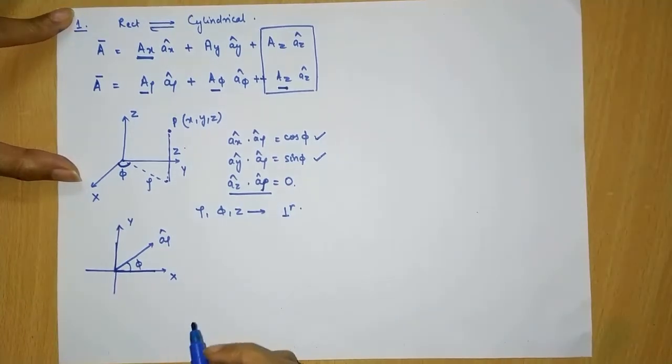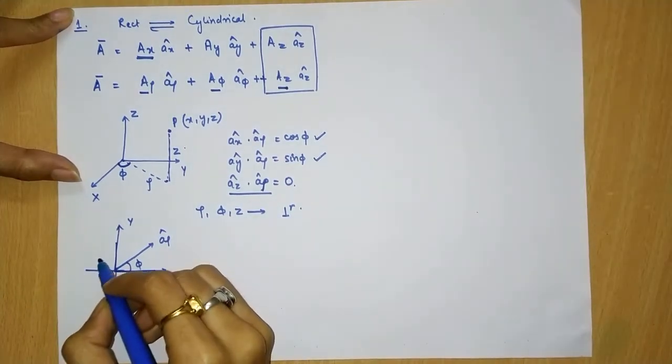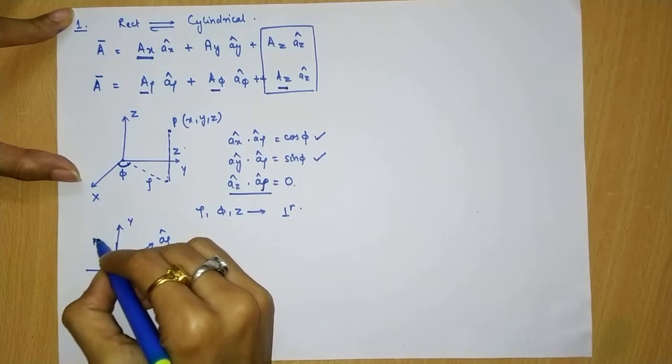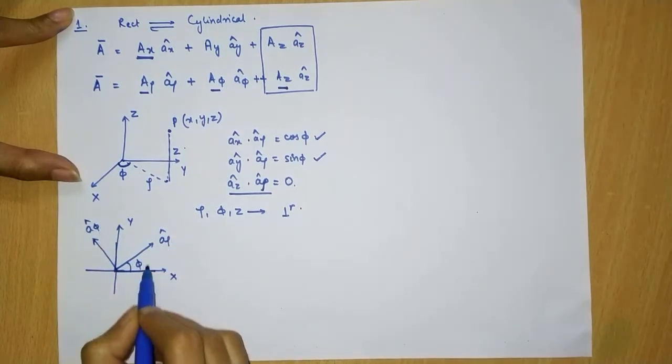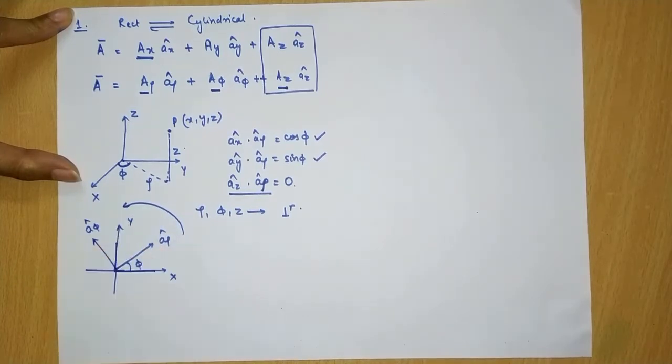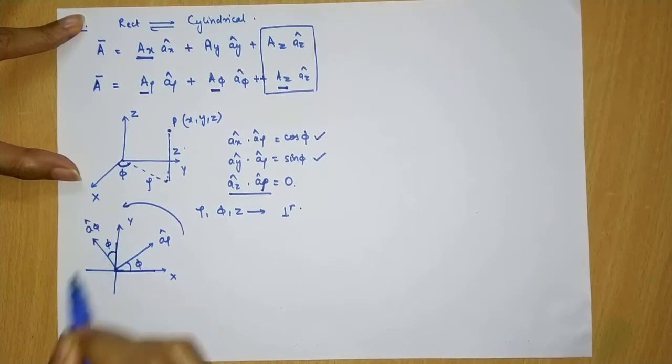Now, we know a phi is perpendicular to rho cap. Therefore, this is a phi direction. It is moving anti-clockwise in this direction. By the rule of geometry, the angle between the two lines is same as the angle between their perpendiculars. Therefore, this angle will also be phi.